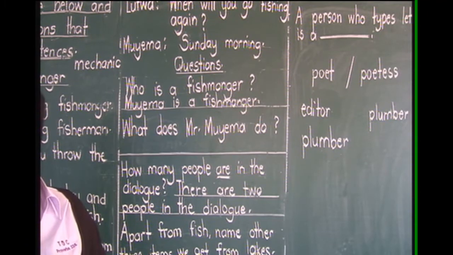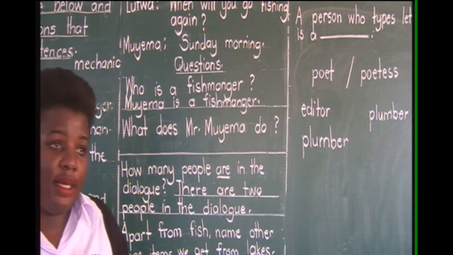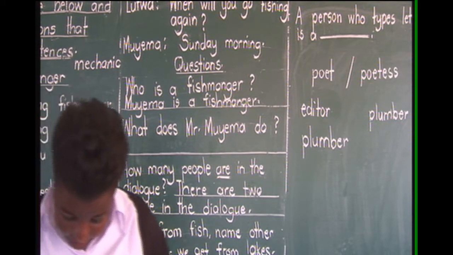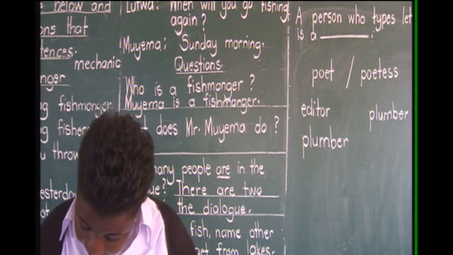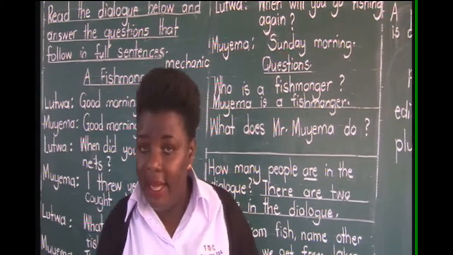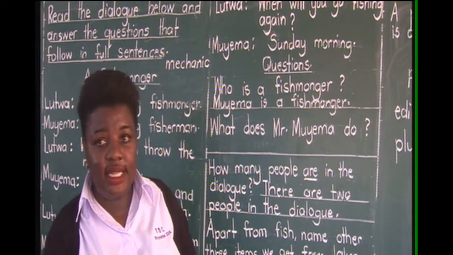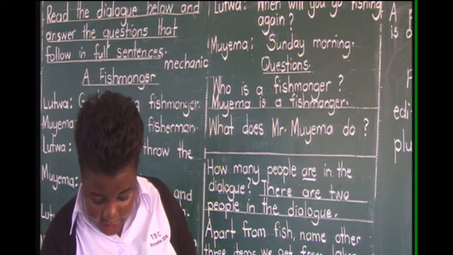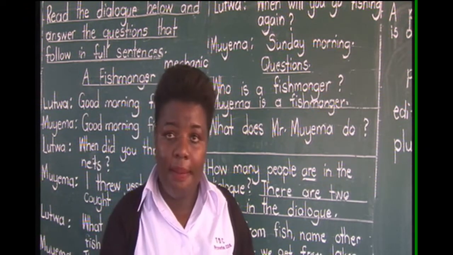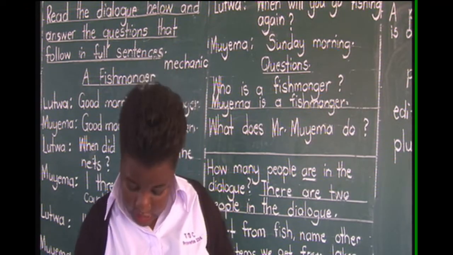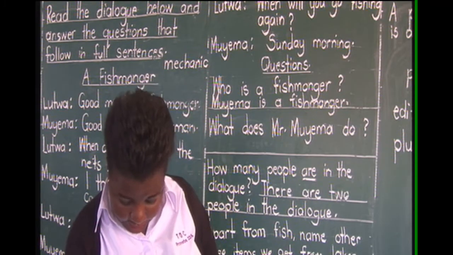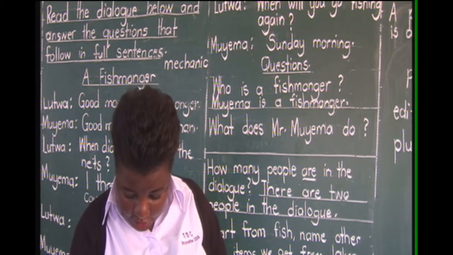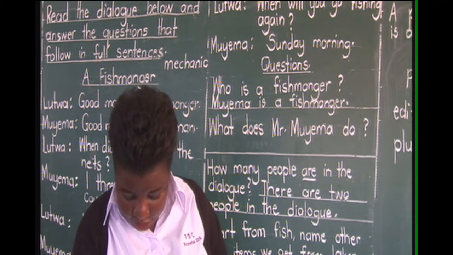So you complete by saying you are a librarian. I write articles for newspapers or magazines. Who am I? You are an editor. I have another one. I catch fish from lakes or rivers. Who am I? You are a fisherman. So those are the examples they gave you. Now you have to complete these ones yourself.